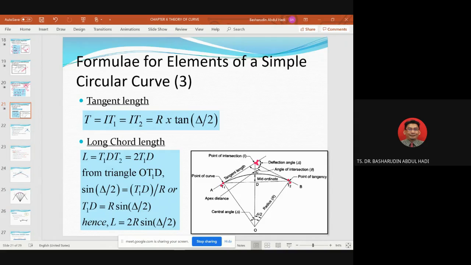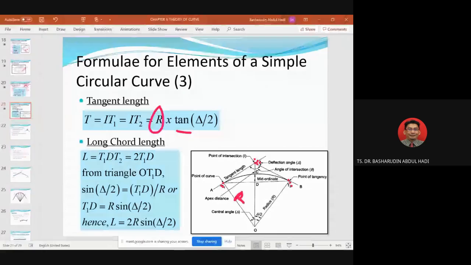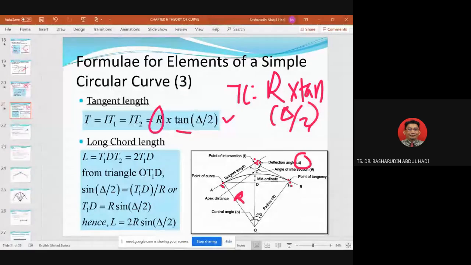Tangent length IT1 equals IT2, equal to R radius times tangent of deflection angle divided by 2. So you can say tangent length equals R times tangent of deflection angle theta over 2.